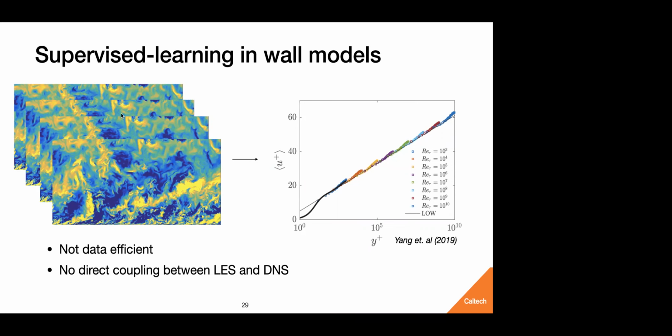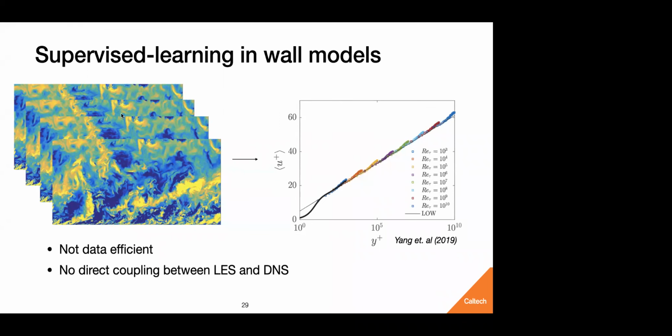But on top of that, you also have a very coarse grid, which means that between LES and DNS, there's no direct mapping that will allow you to say, oh, convert this DNS flow field into a wall-modeled LES flow field equivalent.